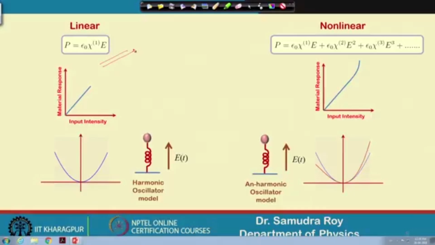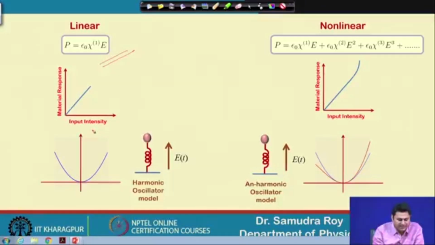If the polarization is proportional to the electric field, then in this plot, if I increase the input intensity, the material response also increases, and this response is linear in nature. So there is no nonlinearity, and everything has a linear curve here, the material response.